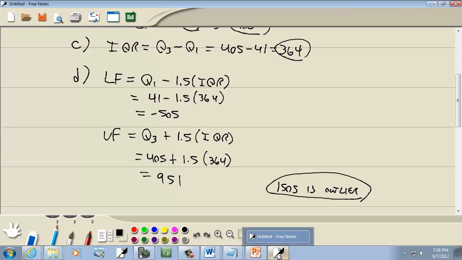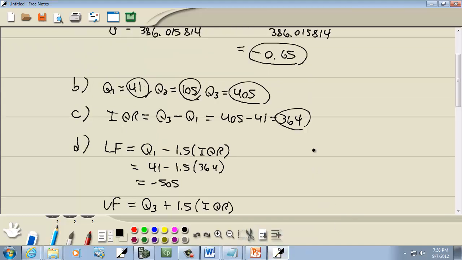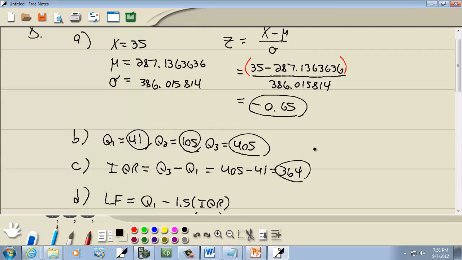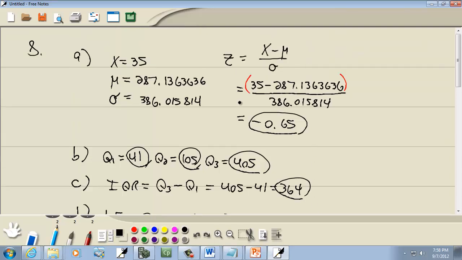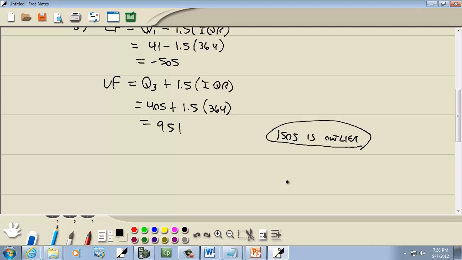Now, in some cases, since you found out that was your outlier, you may want to go and exclude that data point, and then redo your parts here to get more accurate results. But again, that's kind of up to you. Sometimes you throw an outlier out, sometimes you leave it in. Depends on how important it is to you.